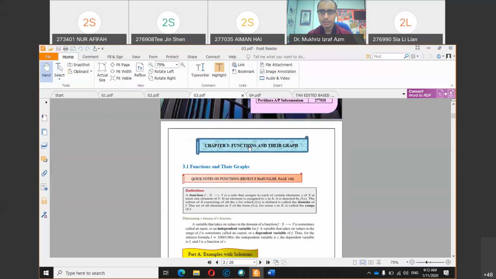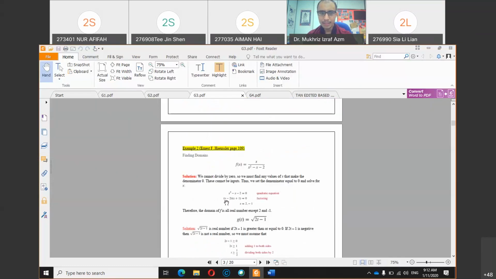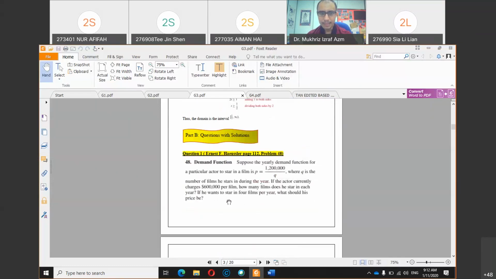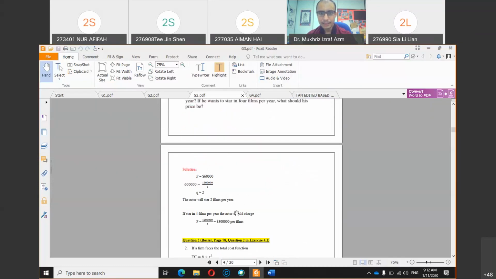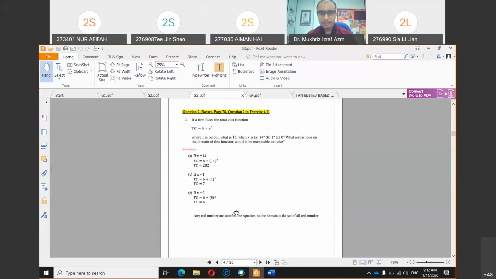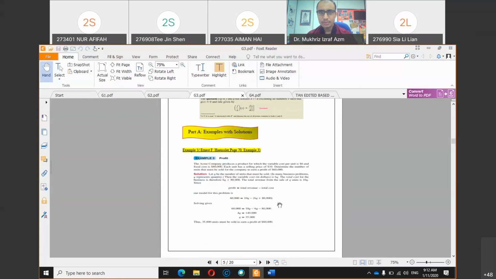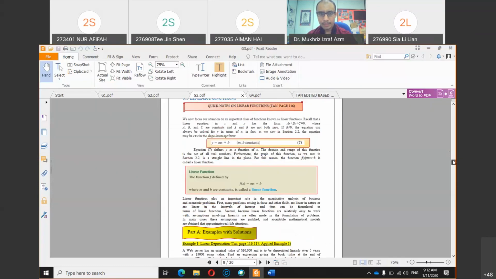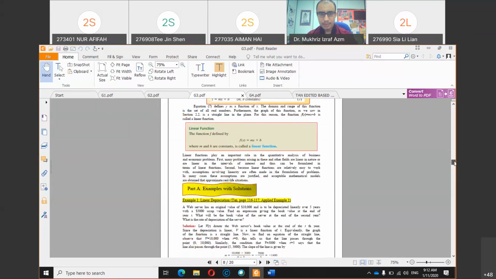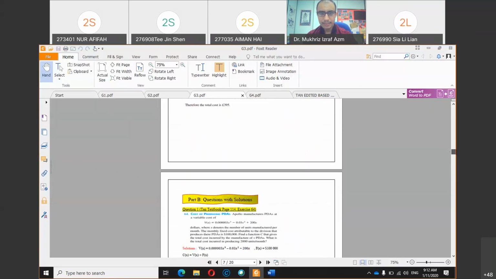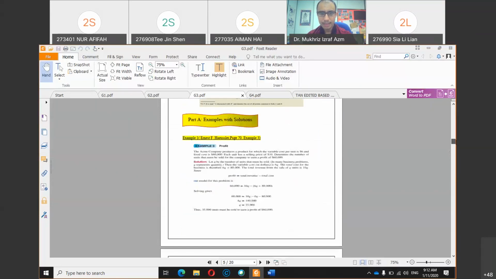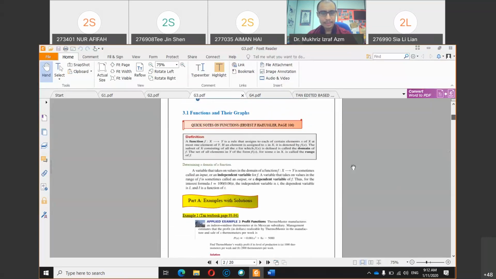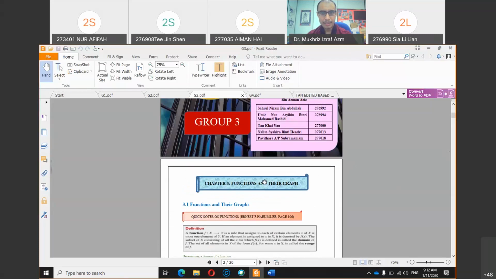For example, this group used the blue colored font for 3.1, but then this one becomes different. This one is okay. I can see that for every subsection you have this style of writing. I like what I see.